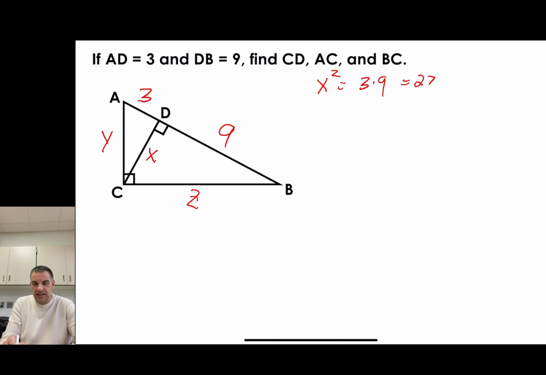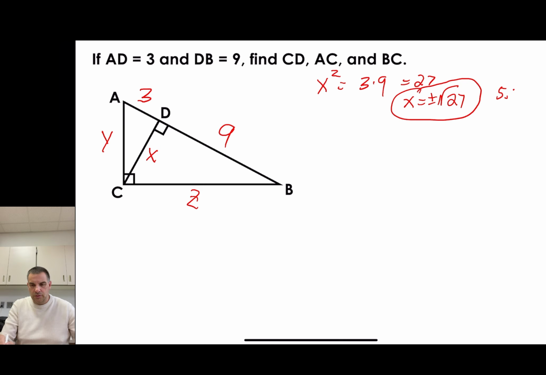So we'll say x is equal to plus or minus the square root of 27. That's going to be the altitude. And we can just put this in your calculator. I'm not going to worry about you breaking it down. It's 5.2. So the length of this x is 5.2.